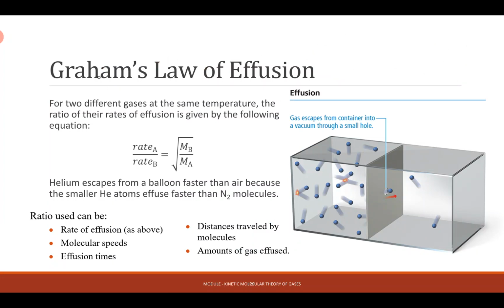A scientist named Graham came up with a law of effusion, and that law is shown here with the rate of gas A divided by the rate of gas B is equal to the square root of the molar masses. Rate is always defined as distance over time.